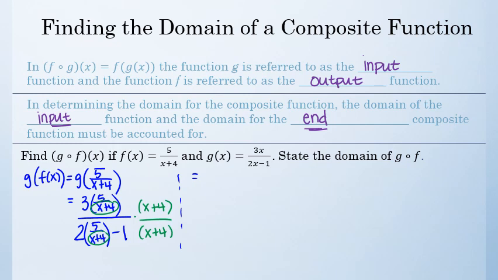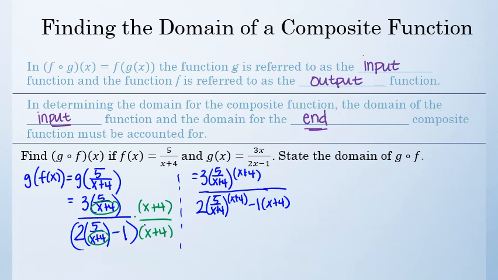So when I do that, I get 3 times 5 over x plus 4 times x plus 4, all over 2 times 5 over x plus 4 times x plus 4 minus 1 times x plus 4. That's because I have to multiply the entire denominator by that.